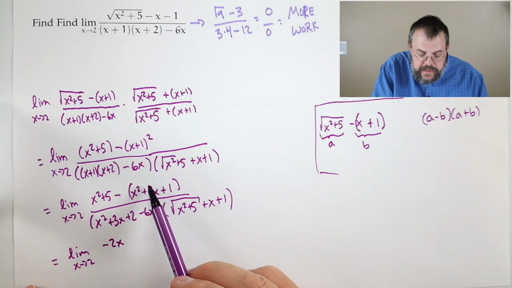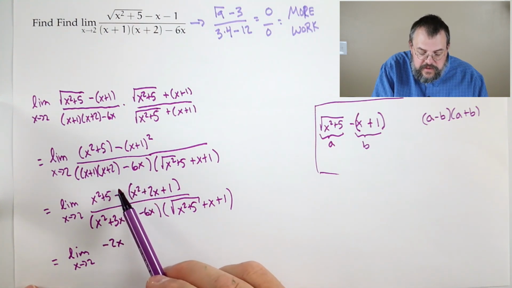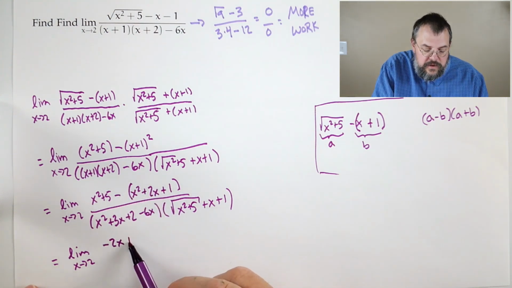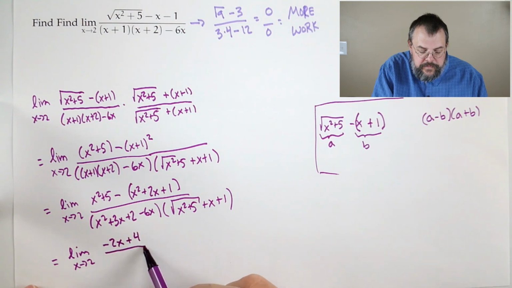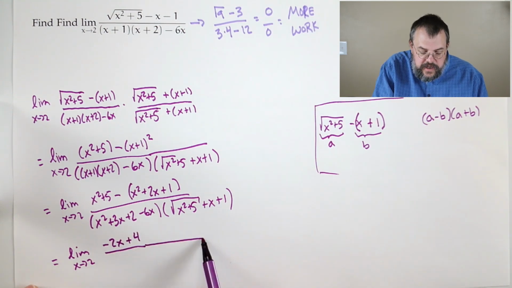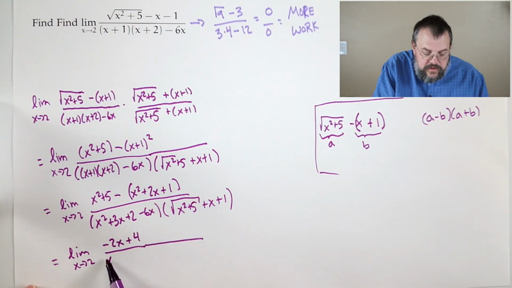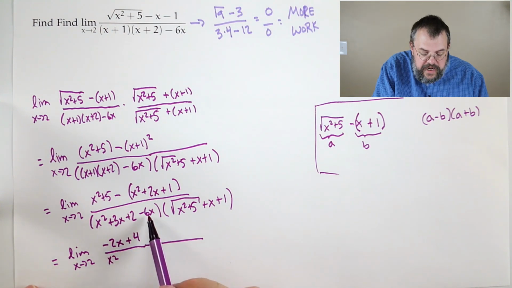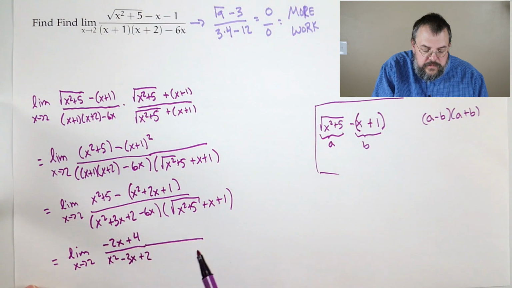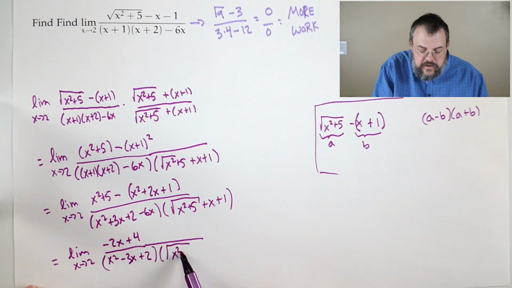Don't forget the minus goes through, so that's why it's a minus 2x minus 1. So plus 4. Downstairs, oh, there's a lot downstairs. There's an x squared, 3x minus 6x is minus 3x, and then plus 2. And of course, this other piece on the end. Square root of x squared plus 5 plus x plus 1.